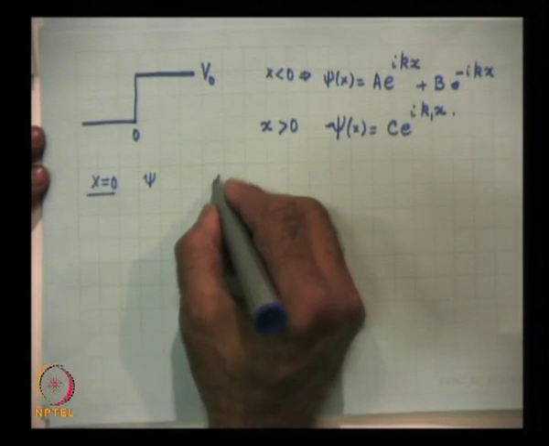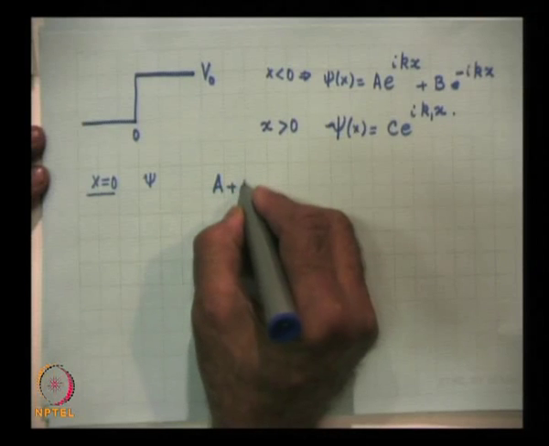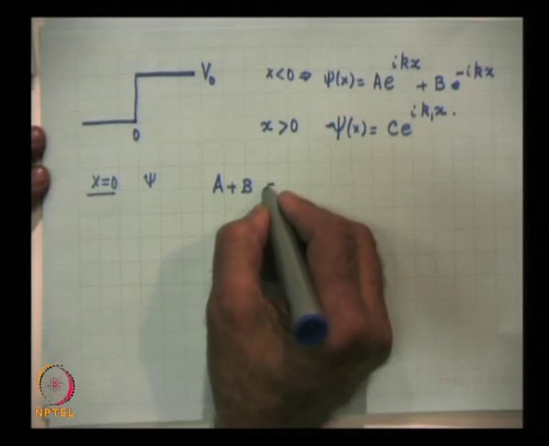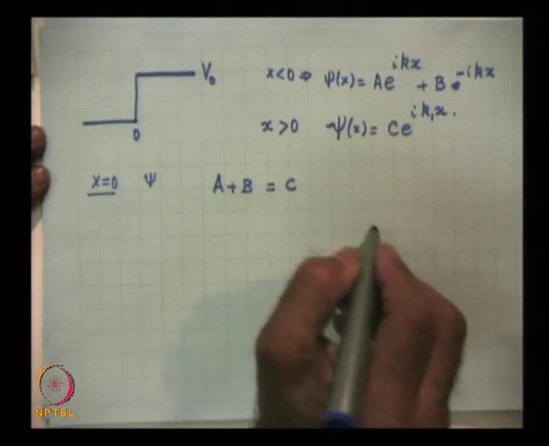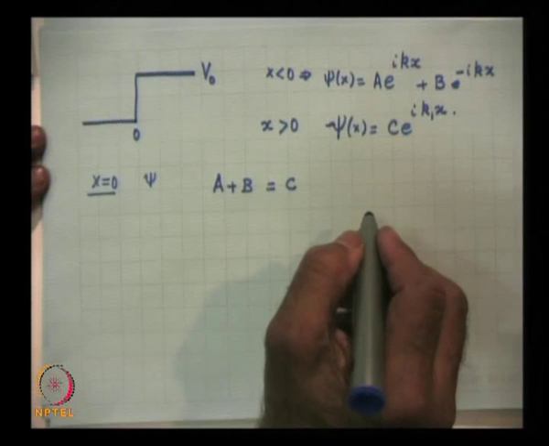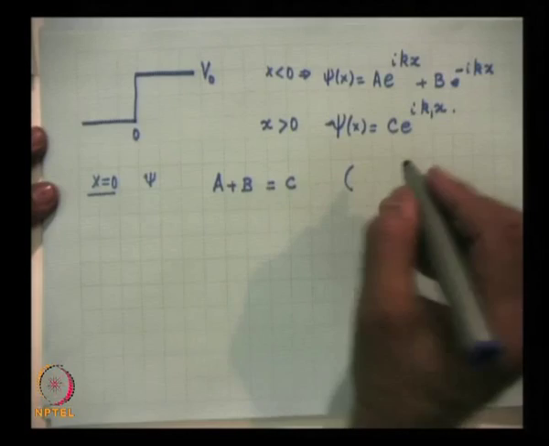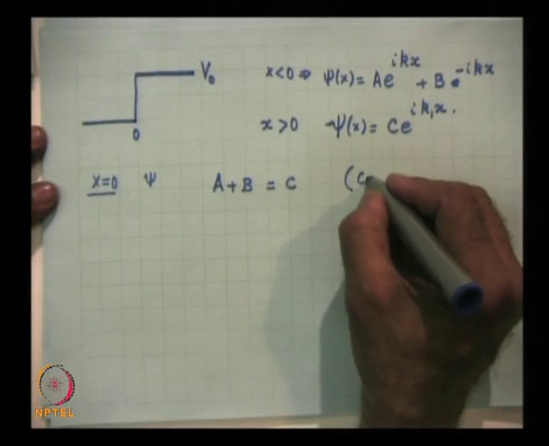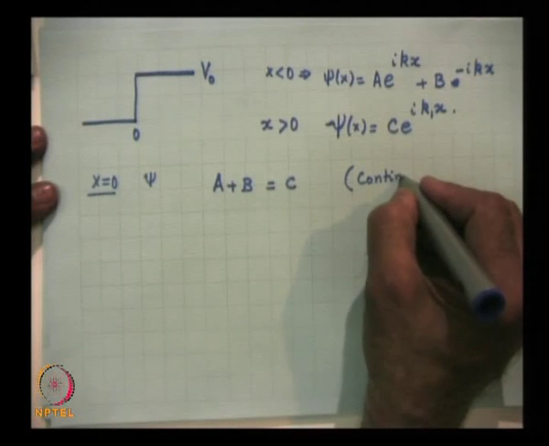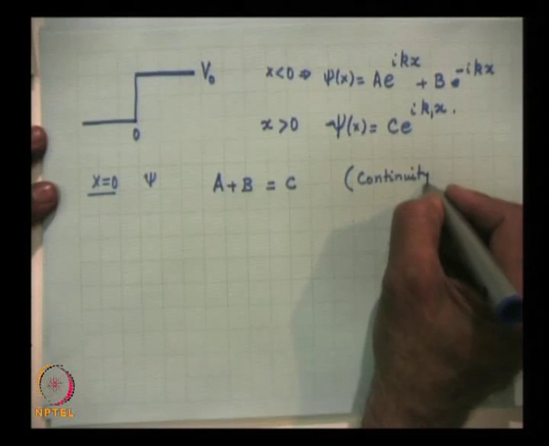So at x equal to 0, it will be a plus b is equal to c. This is the equation that we get from continuity of the wave function.